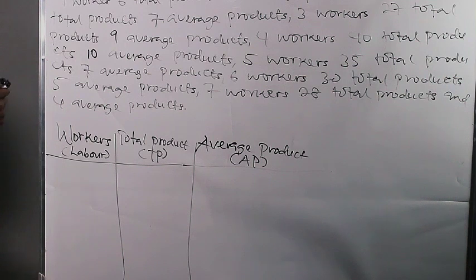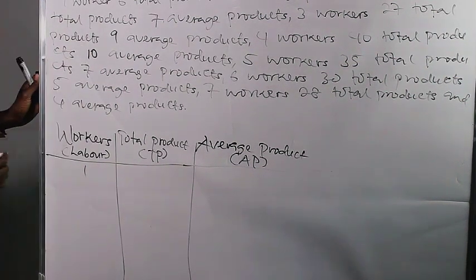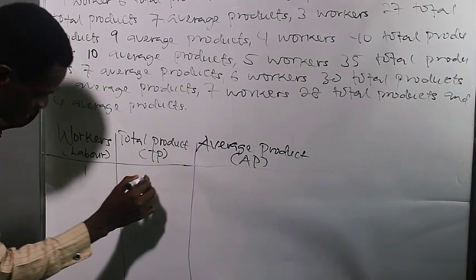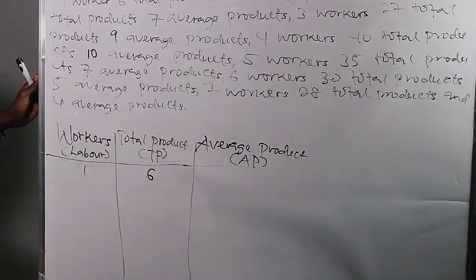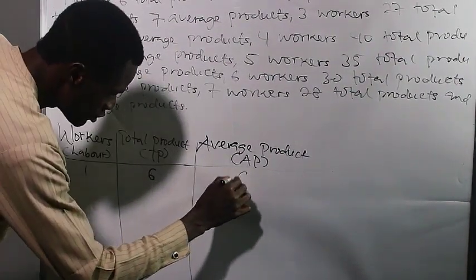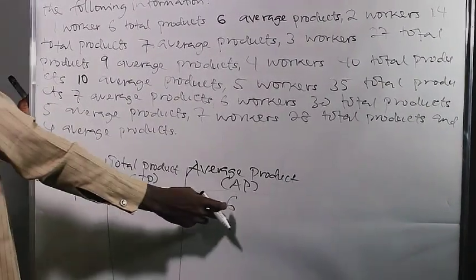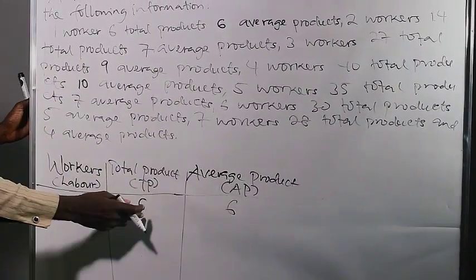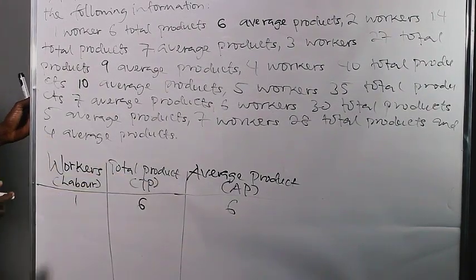For example, when 1 worker was employed, the total product was 6. So we have 6 units of output here. So the average product will be 6 because 1 worker produced 6 units of output. So we have average product to be 6. When you divide this by this, you have 6 units of output.